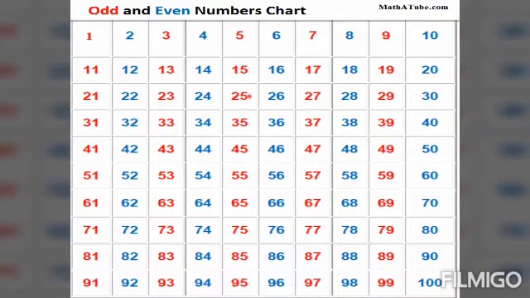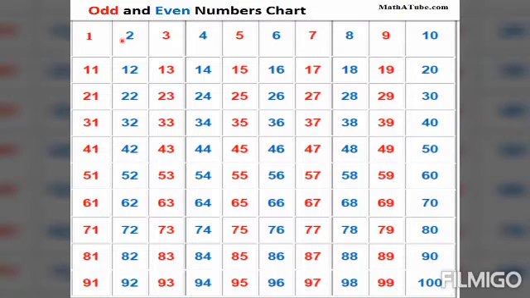And this one is also odd numbers because they end with an odd number. So we have here 7, 17, 27, 37, 47, 57, 67, 77, 87, and 97. And also the last column with red color, all these are also odd numbers.